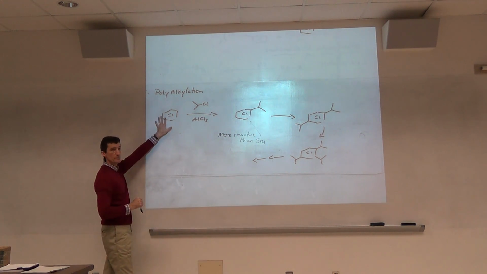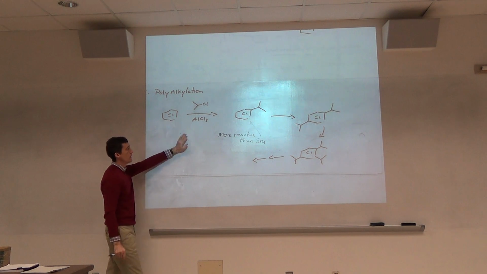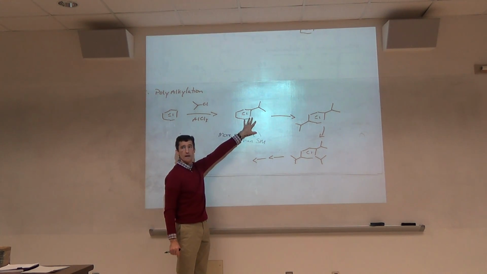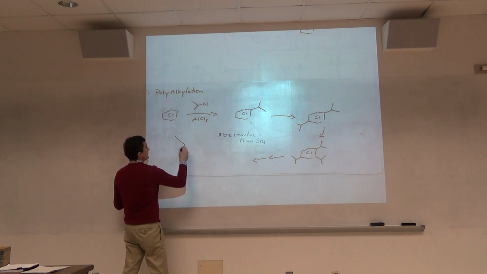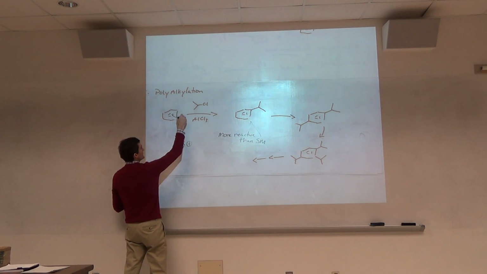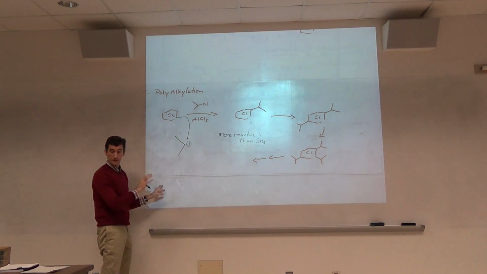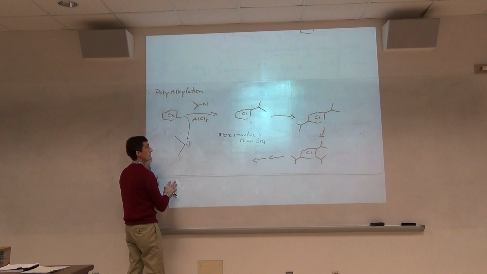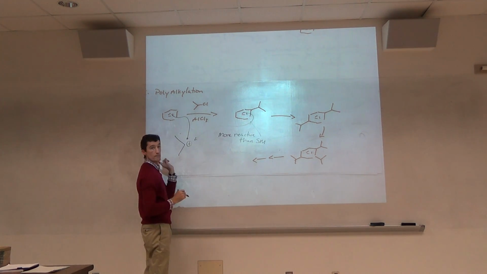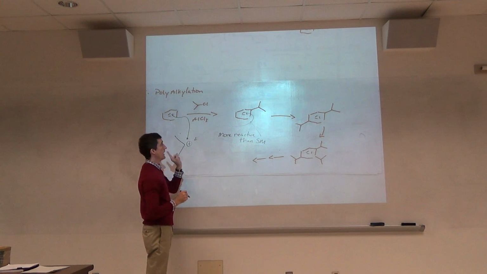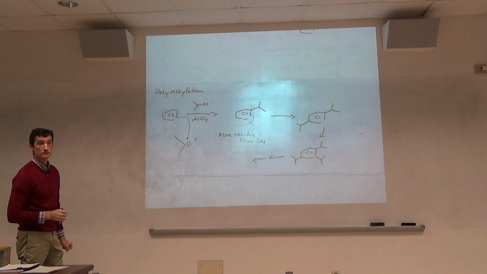And 90% of this is left to react. Well, as soon as this is formed, it's more reactive. And so, instead of this attacking and completing the reaction, doing it 90% more times, this starts reacting. And this is more reactive, so it's going to react faster and easier.